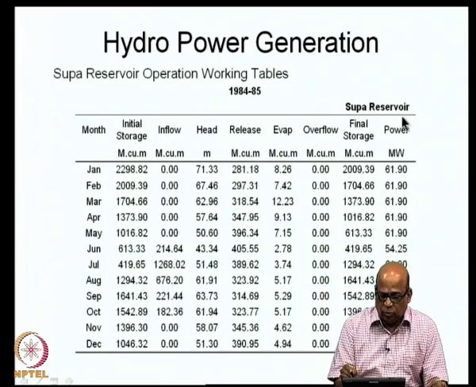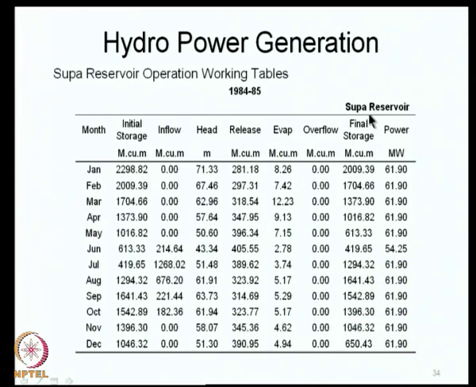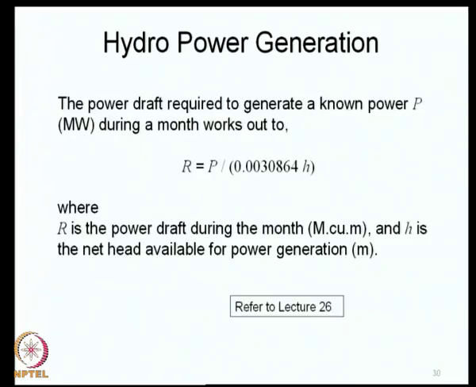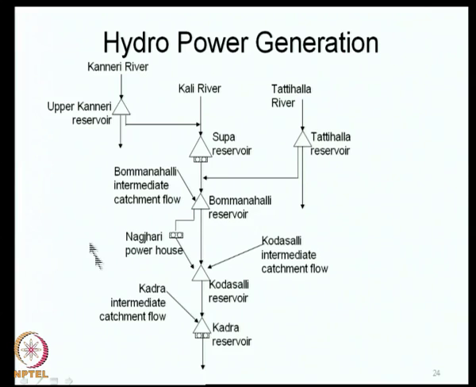For example, for Supa reservoir, you will look at the working tables. Now, this working table is similar to what we had discussed earlier, except that here we have considered the multi-reservoir operation. So, we take into account the multi-reservoir operation and then simulate the hydropower at each of these locations.